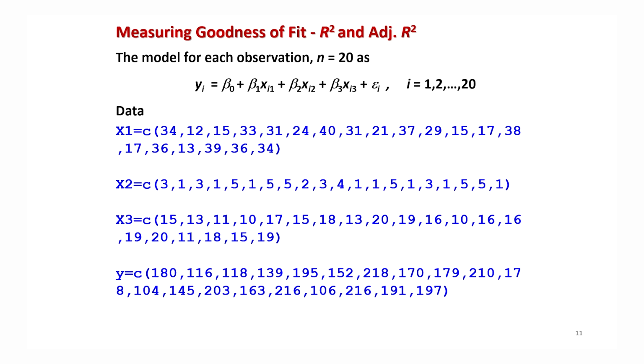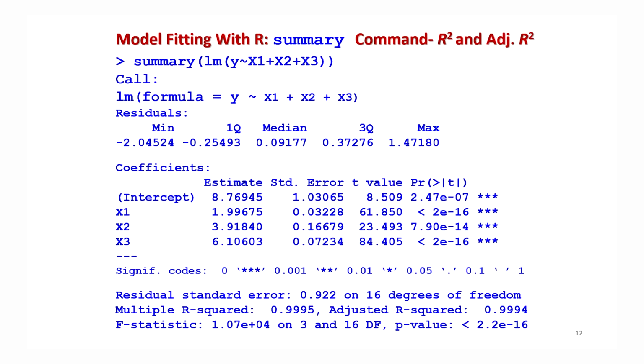Right. So let us try to do it. I store this data on x1, x2, x3, and y in these data vectors. And now I'm using the summary command. So now you can see in this output, I will just cross out the part which you already have done, using the orange color so that it is visible.